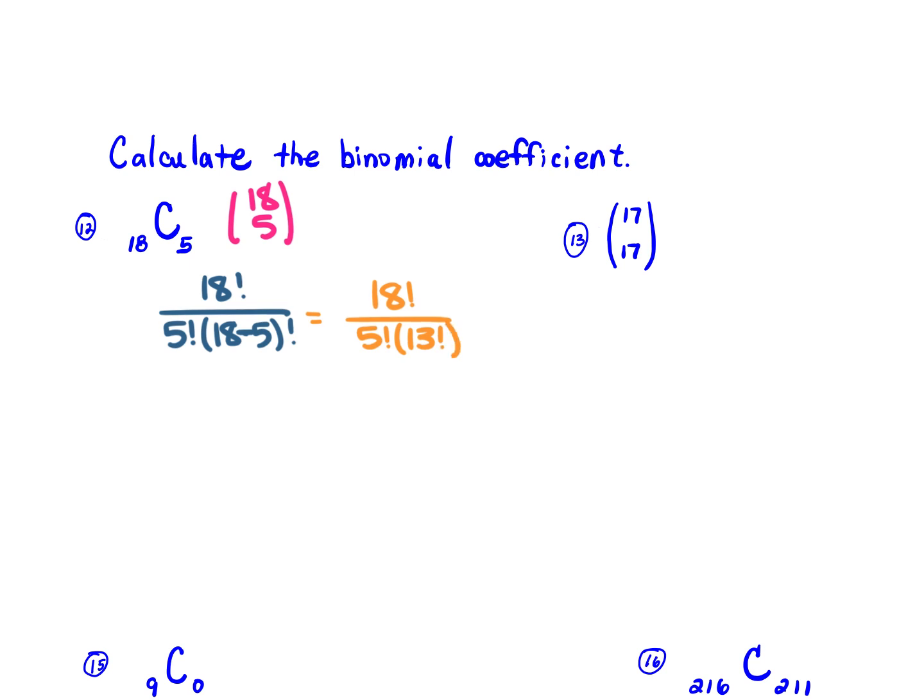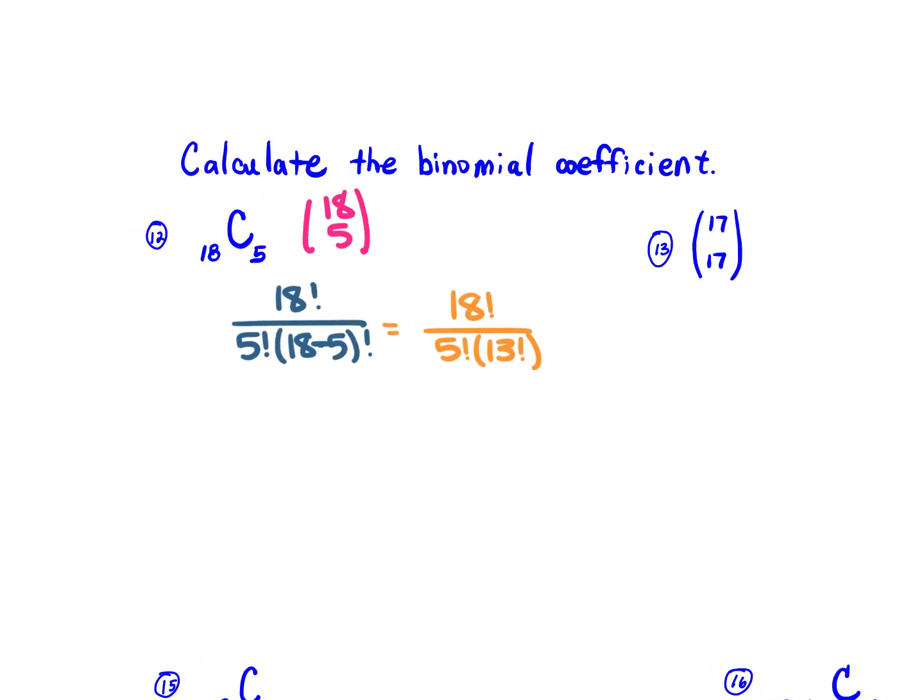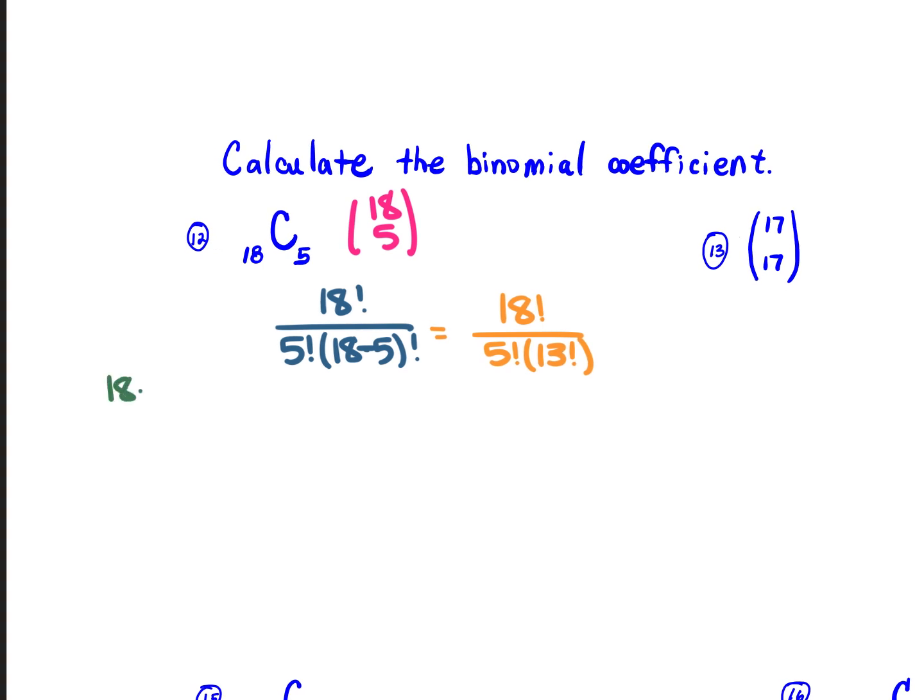So if you were to write this out using multiplication, you would have 18 times 17 times 16 times 15 times 14 times 13 factorial. It would just mean that it keeps going. And this is all going to be over 5 times 4 times 3 times 2 times 1 times 13 factorial.